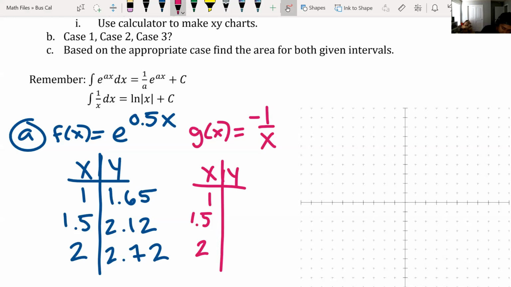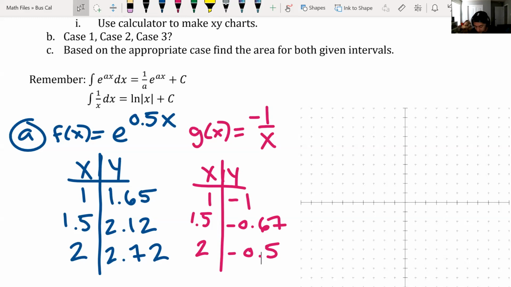Well, I get 1, which gives me -1. 1.5 gives me -2/3, or -0.67. And 2 gives me negative 1/2. Okay, perfect. Let's graph. We're only using 1 to 2.